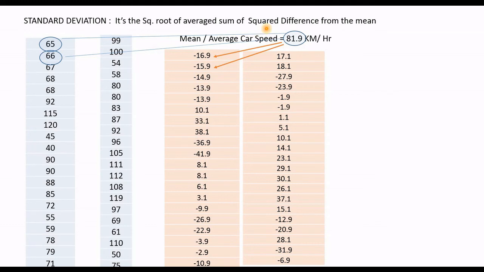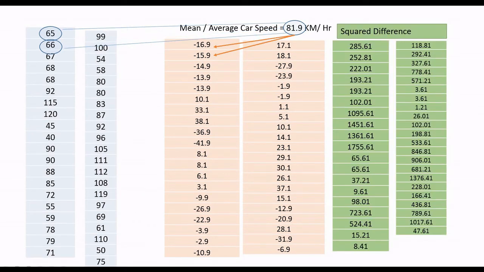Square of any negative is positive, we all know that. Let's square each of this data, and we get this green column, which is the square of this pink column.